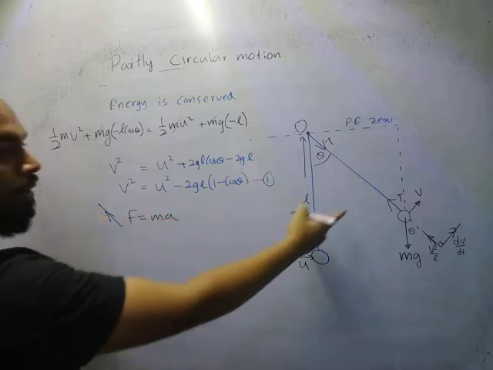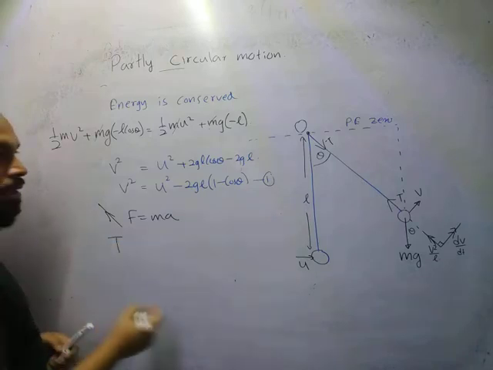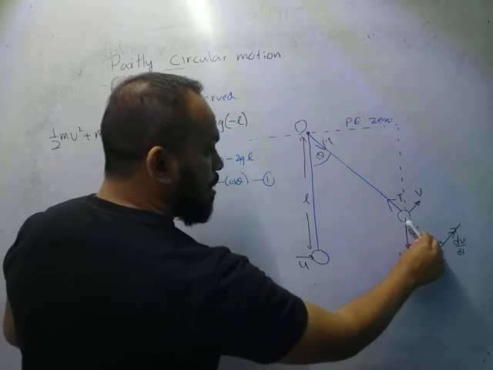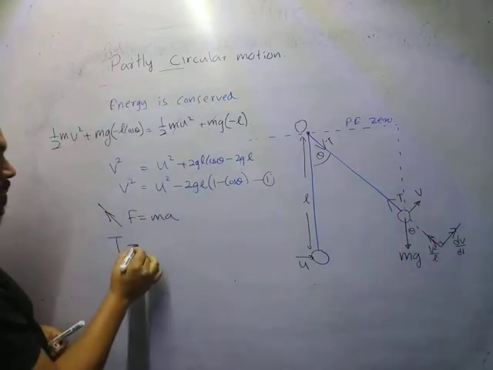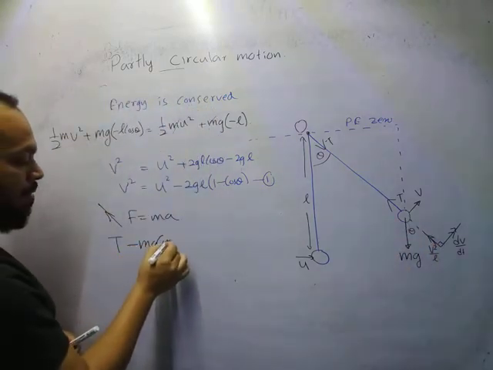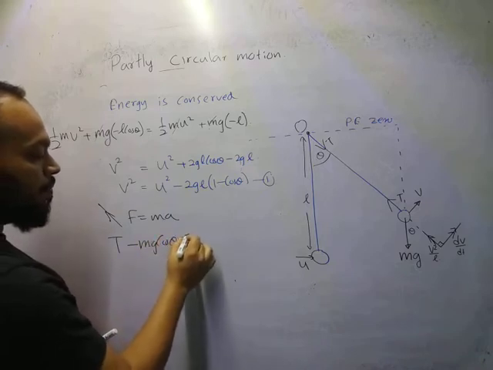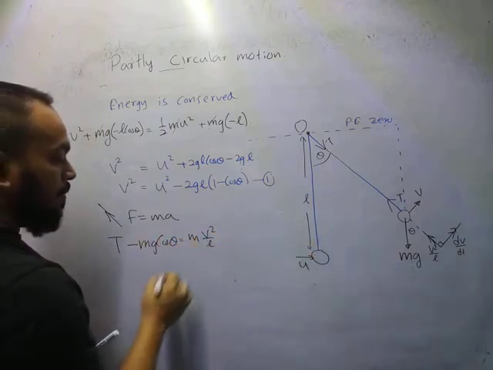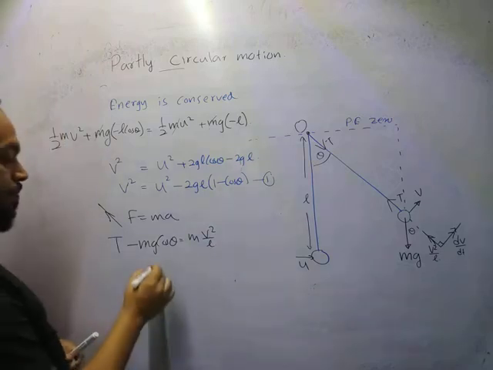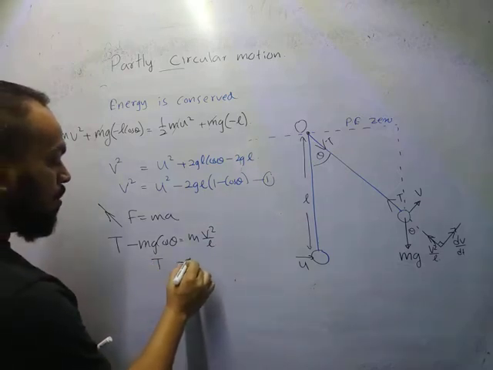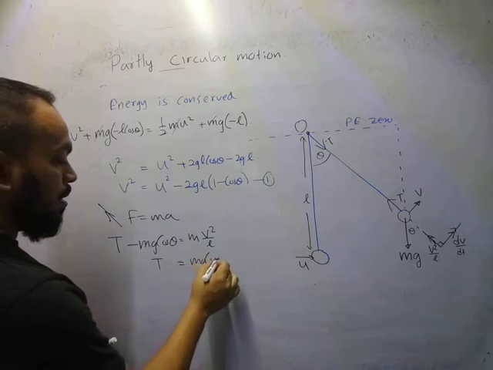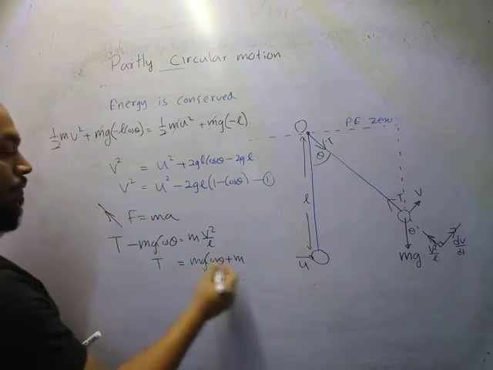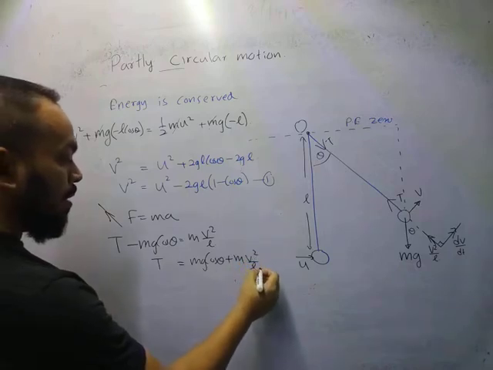We have T in this direction and mg downward, so the component is mg cos theta. T minus mg cos theta is equal to m times the centripetal acceleration, which is v squared over L. So the tension is mg cos theta plus m v squared over L.